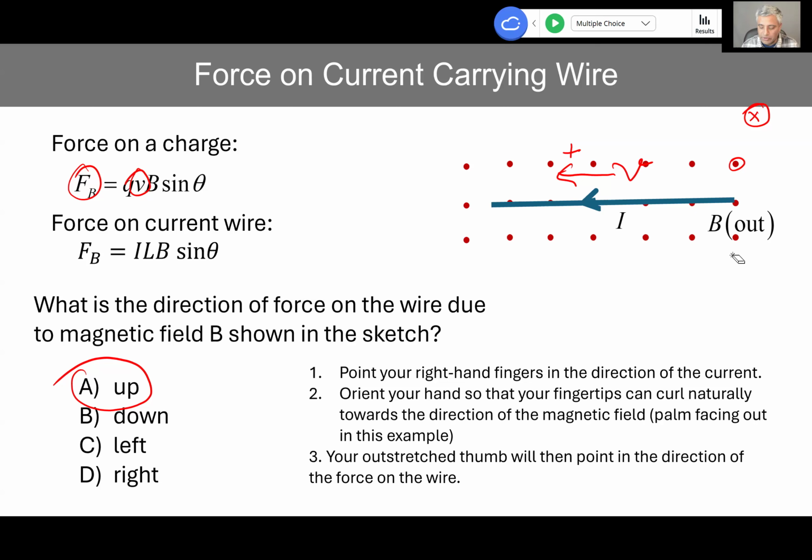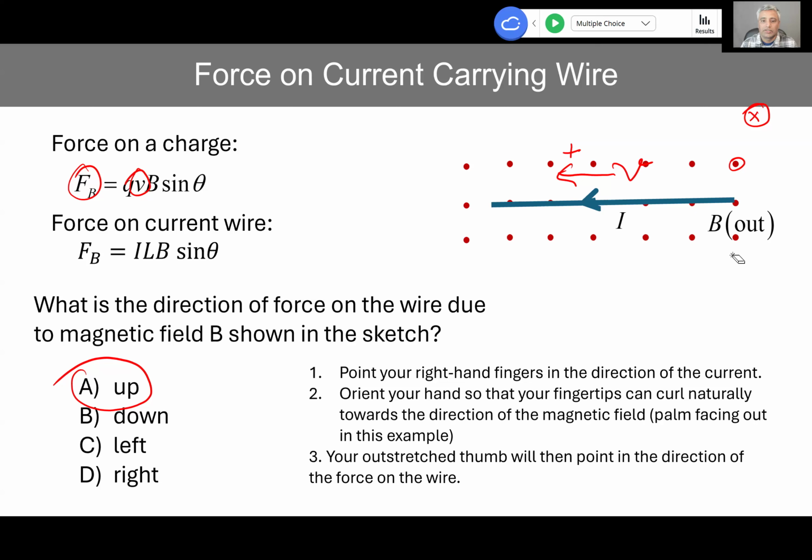If you made a mistake here, I suggest you put your screen vertical so that I can guide you. So now, right hand free, fingers going to the left. Why are the fingers going left? Because the current is going left on the screen. See that? Now the field is out, meaning it's coming towards you. If they were arrows, they would hit your body. They are shooting towards you.